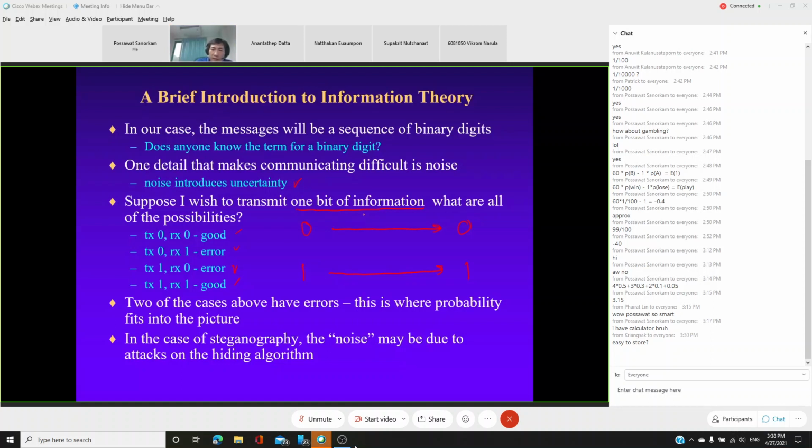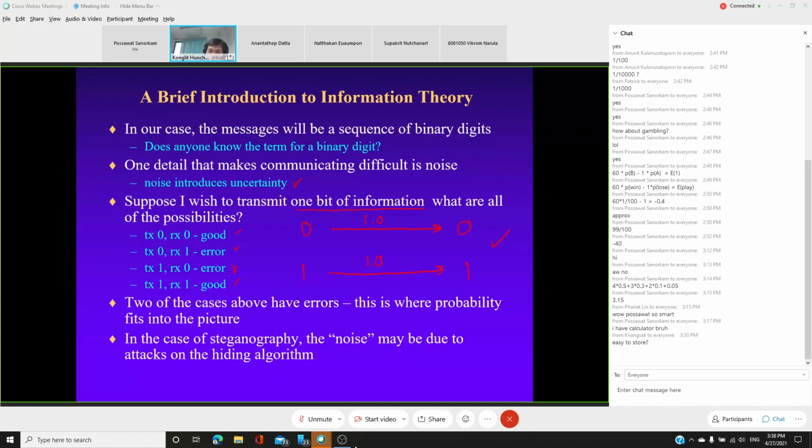If I send 0, the probability of getting 0 is 100%. And if I send 1, the probability of receiving 1 is 100%. This is called a perfect channel. You send 0, you get 0 with 100%; send 1, you get 1.